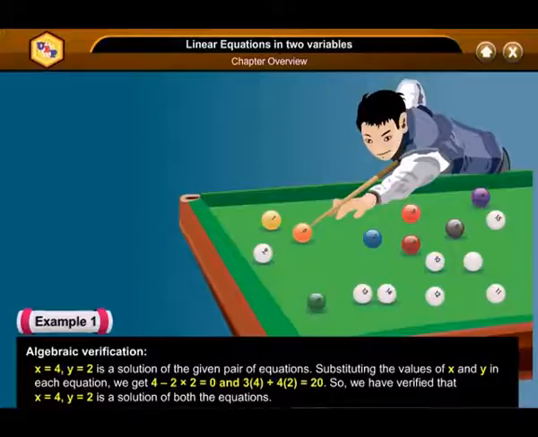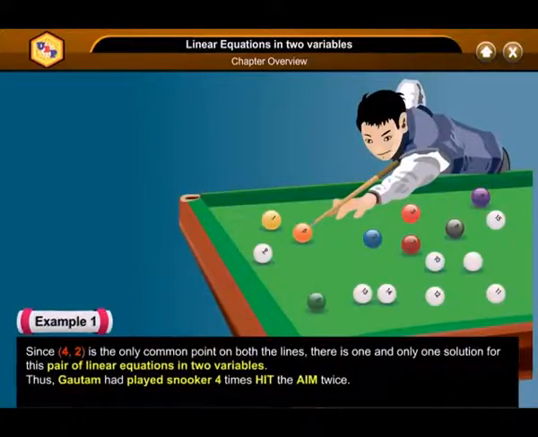So, we have verified that x = 4, y = 2 is a solution of both the equations. Since (4, 2) is the only common point on both the lines, there is one and only one solution for this pair of linear equations in two variables. Thus, Gautam had played snooker 4 times, and hit the aim twice.